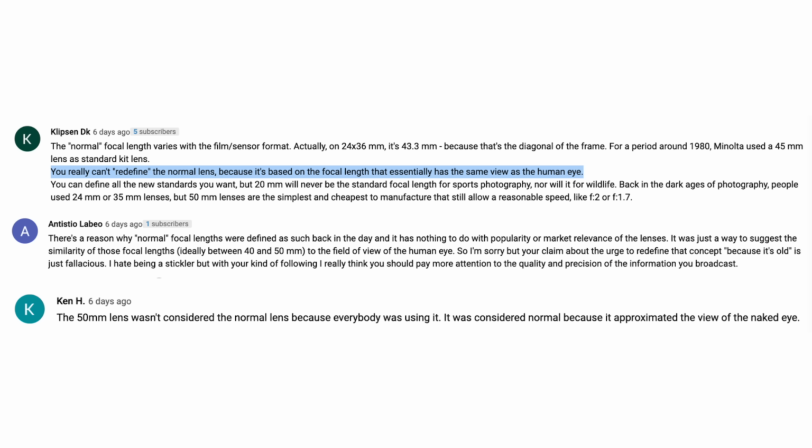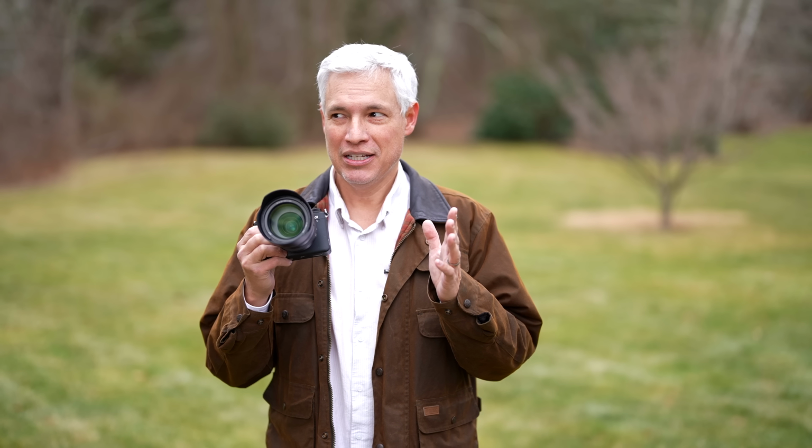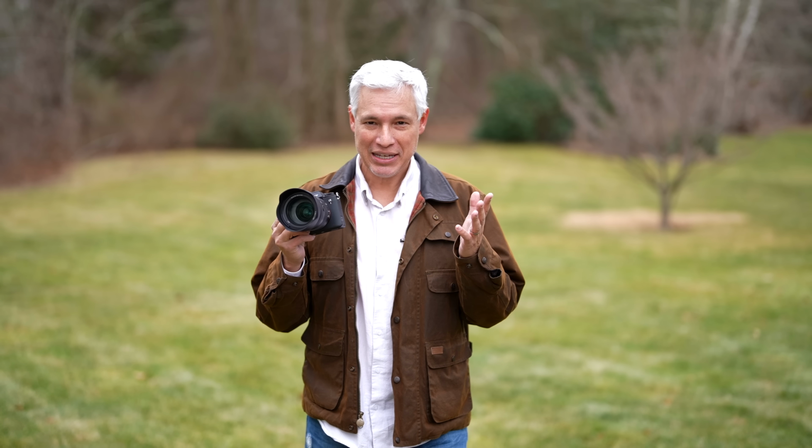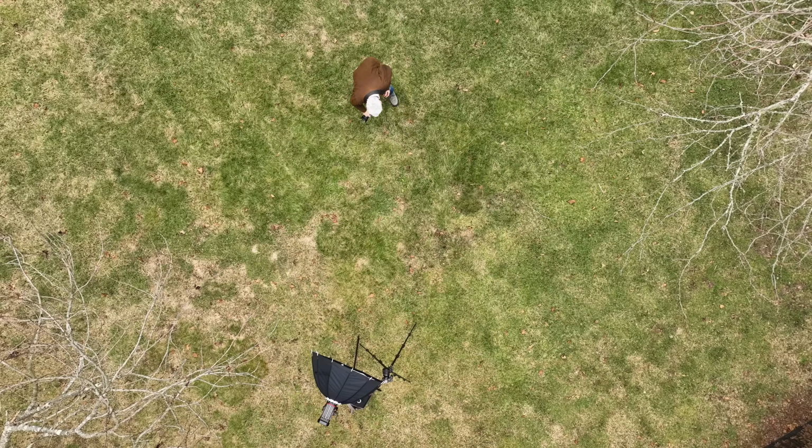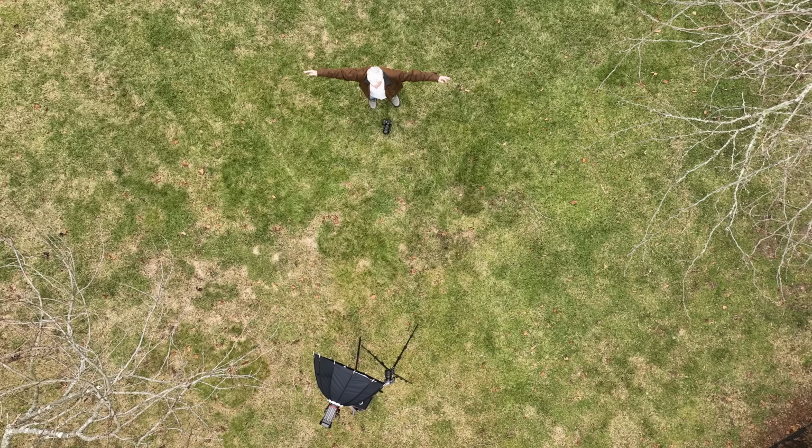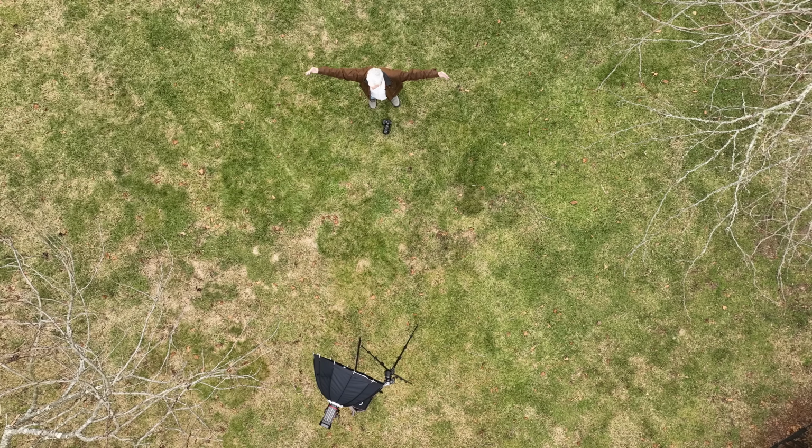I brought up this idea of 50 millimeters being normal, and several people in the comments said that it's because 50 millimeters matched the human angle of view. So we can test this really easily, right? I'll put my camera down here and stand here, and then I'll put my arms out straight and I'll wiggle my fingers until I can't see them in my periphery anymore, just looking straight ahead.